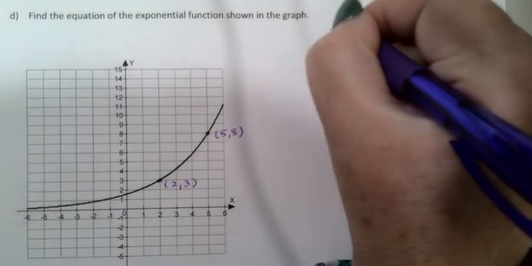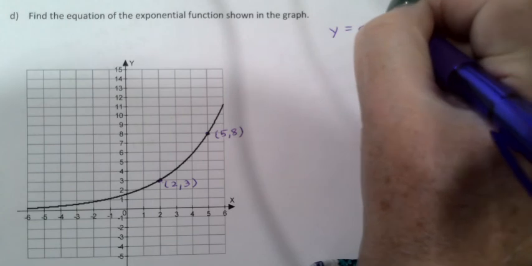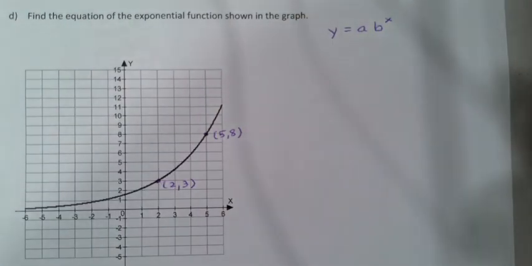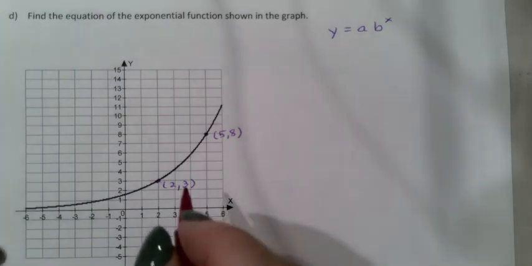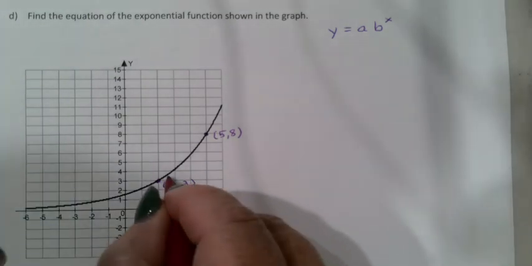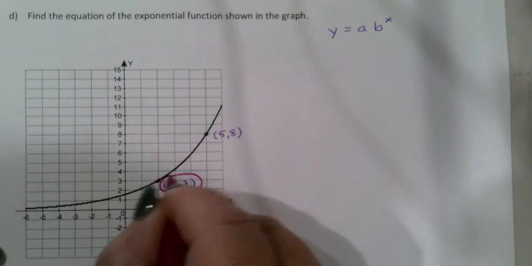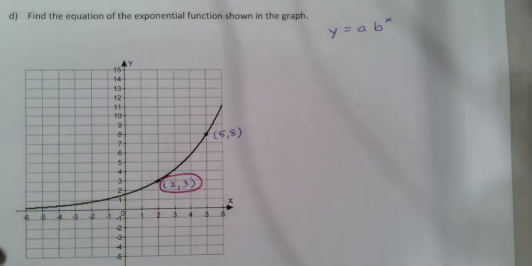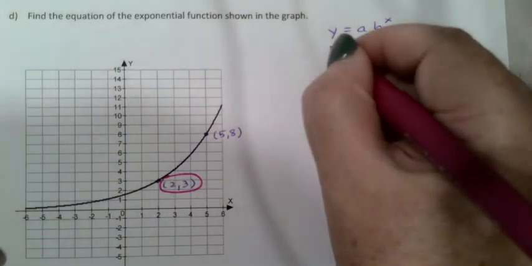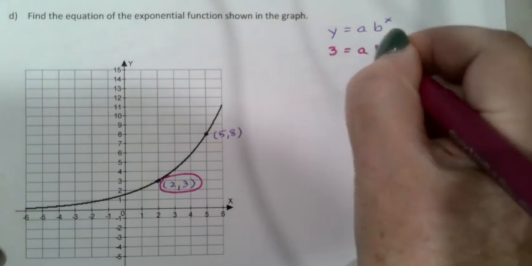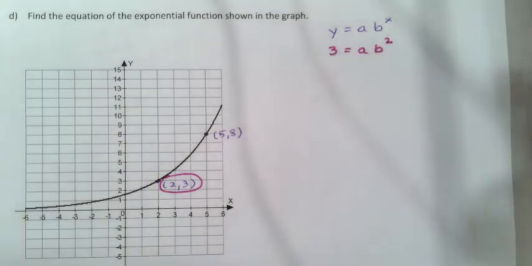All right, y equals ab to the x. We always start with that. And actually, I'm going to deliberately do this one with a smaller one first because I just want to show you what happens. It's still very doable. I'm going to put in the 2, 3 first. Y is 3. X is 2.